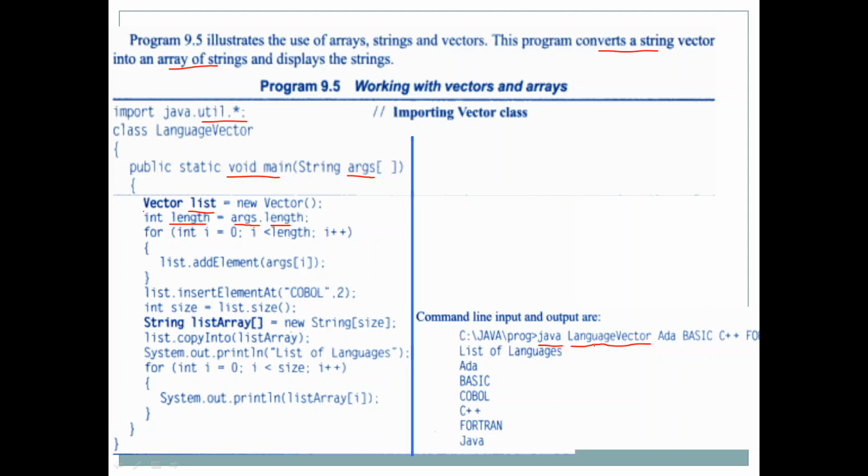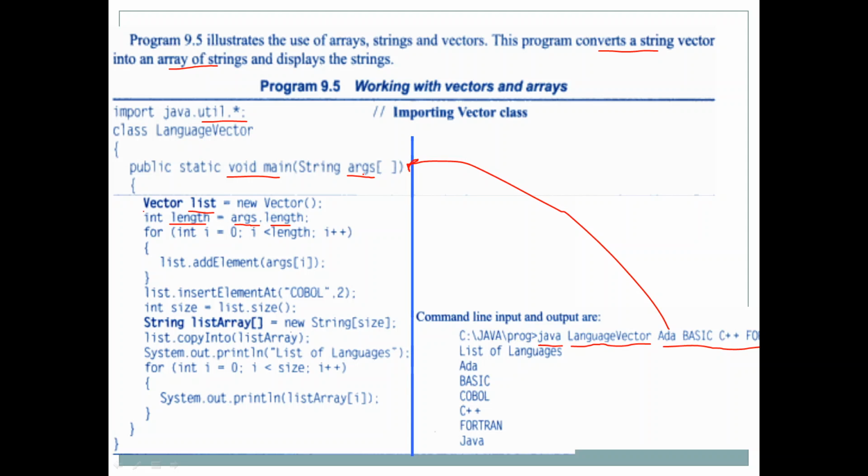So here we are trying to execute this Java program, but after the program name or the class name, we are passing some values. The values we have passed are Ada, Basic, C++, Fortran, and maybe Java after that. So these values which we are passing at the time of execution of a program are said to be command line arguments, and these values will automatically go to the variable args.